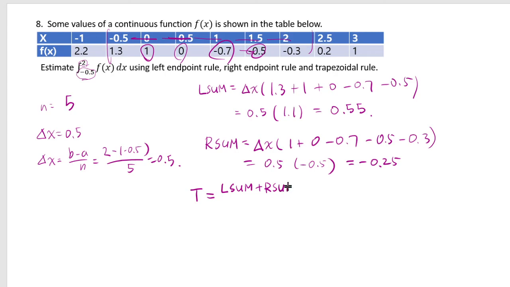That's the idea of the trapezoidal rule. So you simply add them and divide by 2, which is 0.55 minus 0.25 over 2, which is 0.3 divided by 2, which is 0.15. So that's how you get the trapezoidal rule.